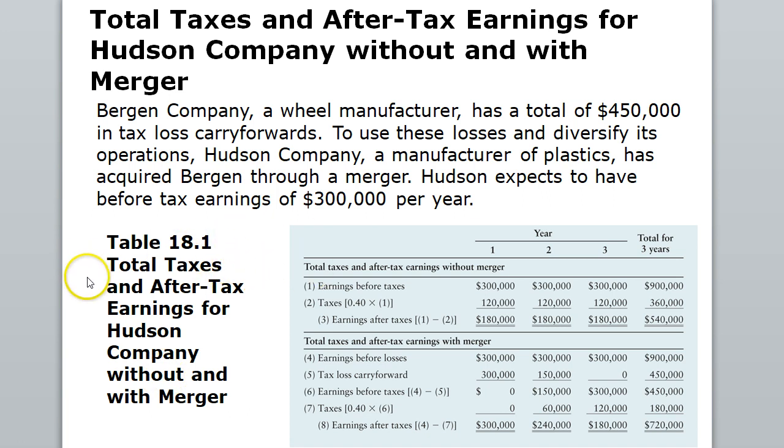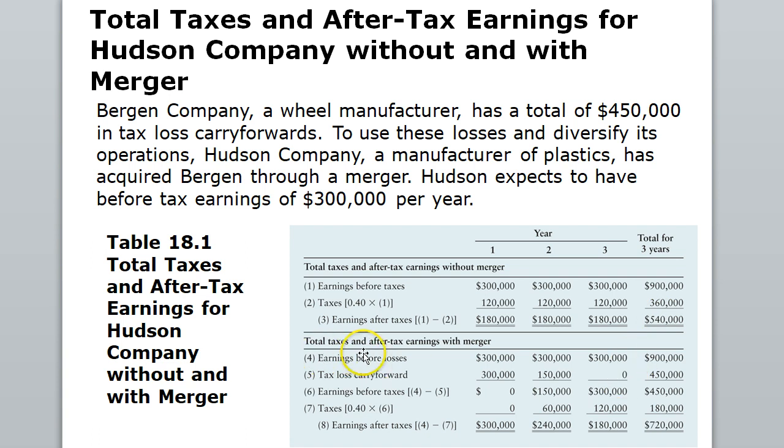So in Table 18.1, total taxes and after-tax earnings for Hudson Company without the merger, we see that for 3 years, we have earnings of $300,000 per year, or a total of $900,000. And we have the taxes at a 40% rate, so we have the earnings after taxes.